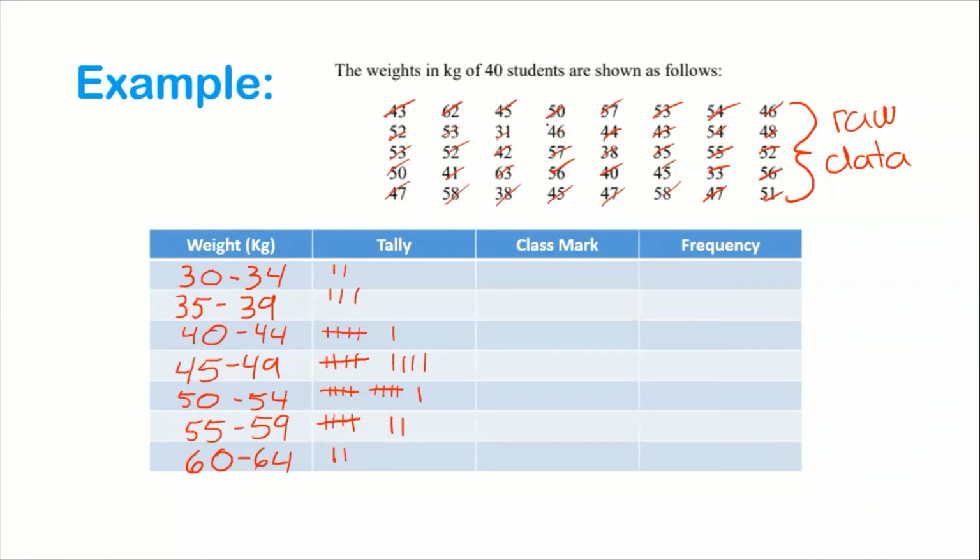All I did is I went through each of our data points and I made a mark within the resulting interval. So the class mark is simply the middle point of our interval.